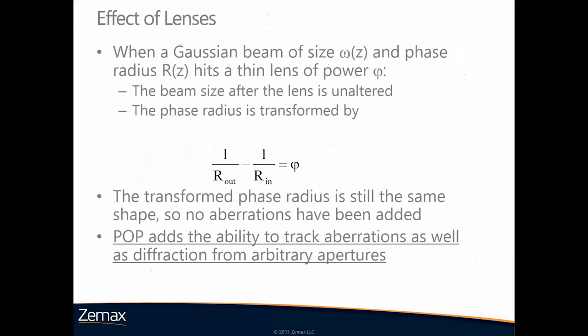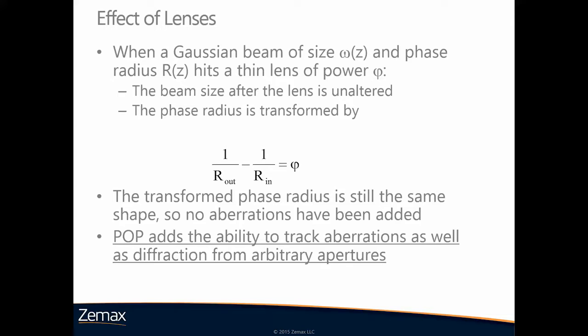If we add in a thin lens with some power, then we simply transform the phase radius of curvature as given by this expression, but we still maintain a spherical phase radius, so no aberrations get added. This is where physical optics adds the capability to track aberrations as well as to add in diffraction from arbitrary apertures.